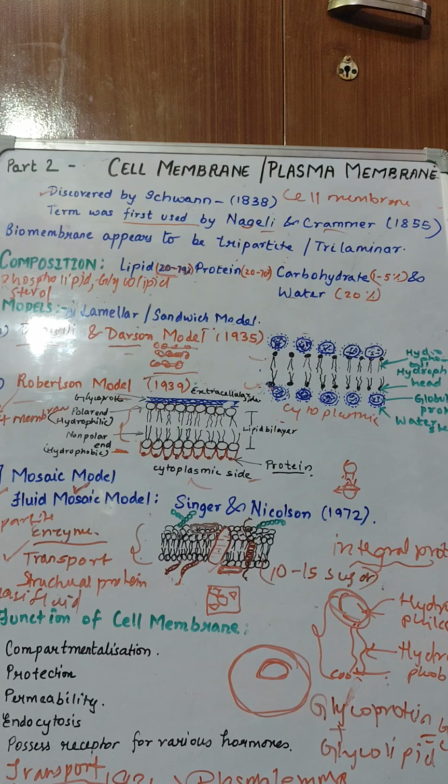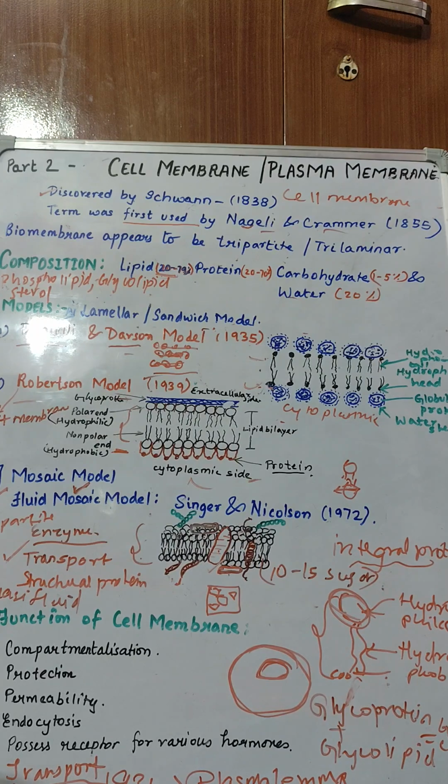And there was one more thing, in the fluid mosaic model there was asymmetry. So asymmetry, that is, the two surfaces of the biomembrane are not similar. The membranes are asymmetric in nature. Lipids present on the outer and inner side of the bilayer are commonly different.